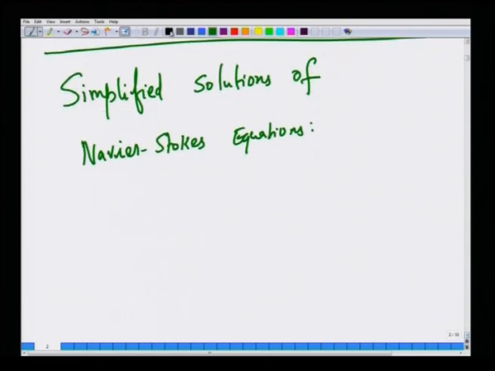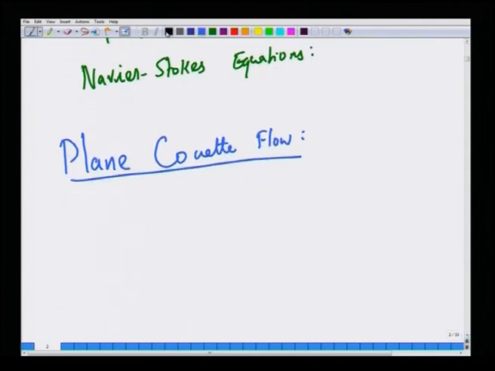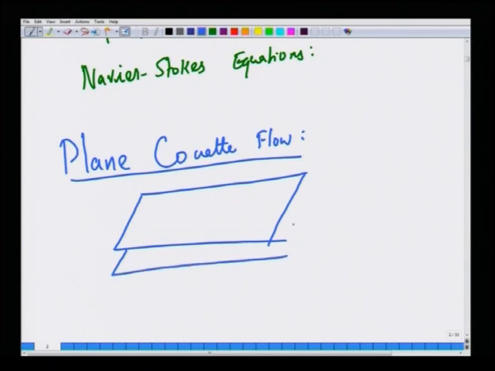Let us imagine the very first problem that we are going to do is what is called the plane Couette flow. Couette is the name of the person who analyzed it first. Plane refers to the geometry of the flow. Imagine having two long plates that are separated by a distance h.